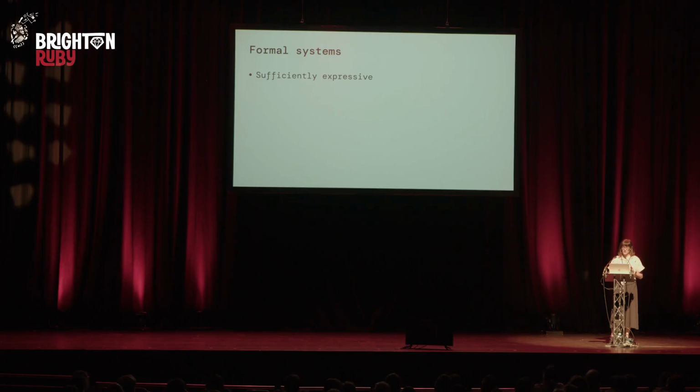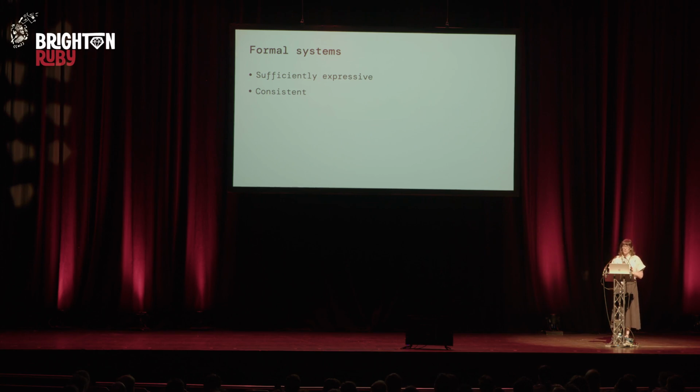So there are many formal systems, but not all of them are interesting. For a formal system to be interesting, it needs certain properties. A key one is being sufficiently expressive. For mathematicians, this means powerful enough to describe the arithmetic of natural numbers. Peano arithmetic is obviously one such system, but there are many others.